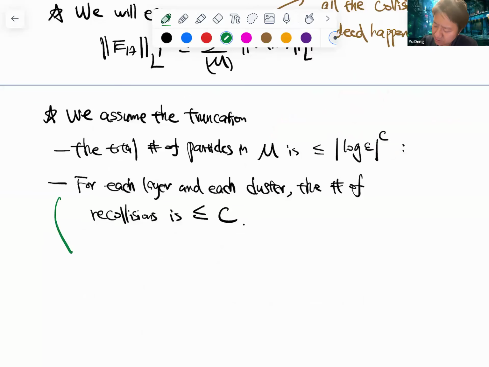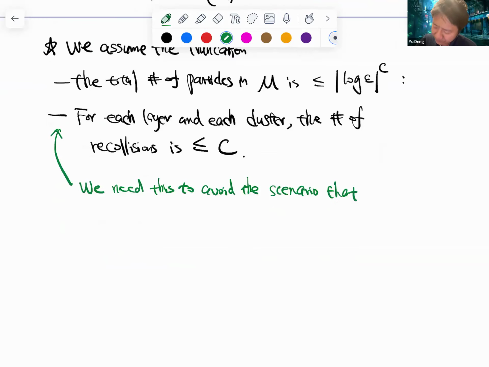Let's say three particles, or finitely many particles, or one particle colliding many times.